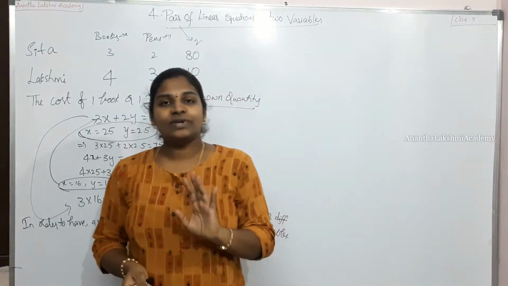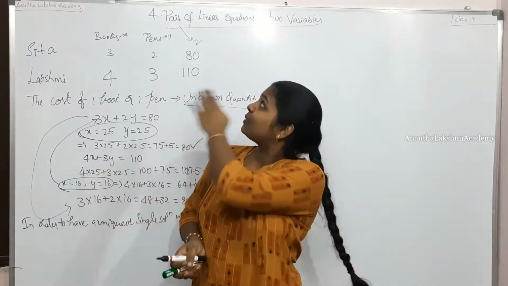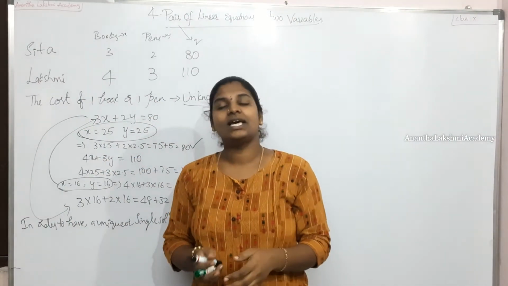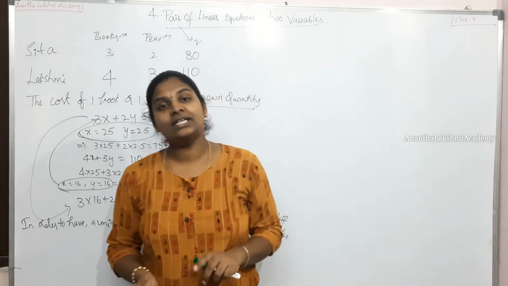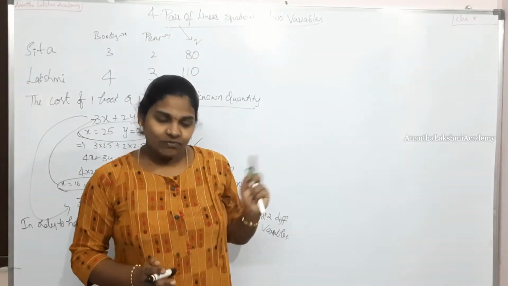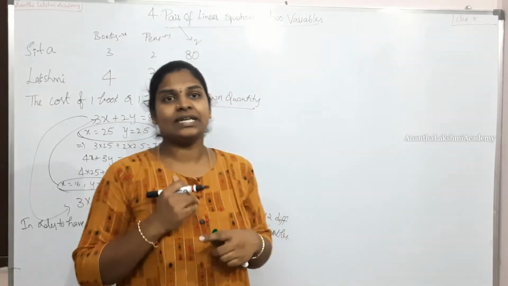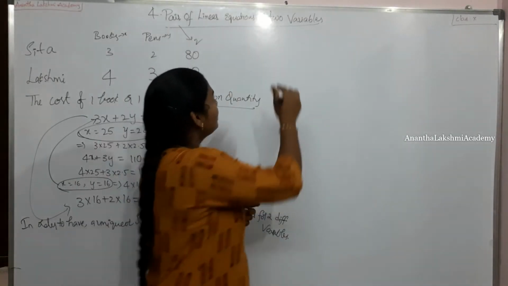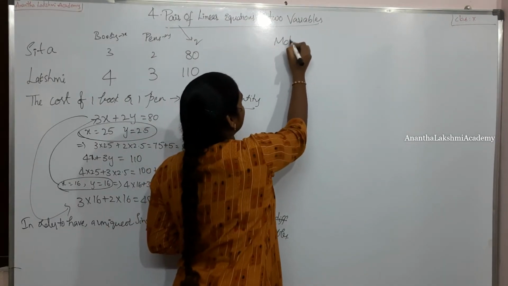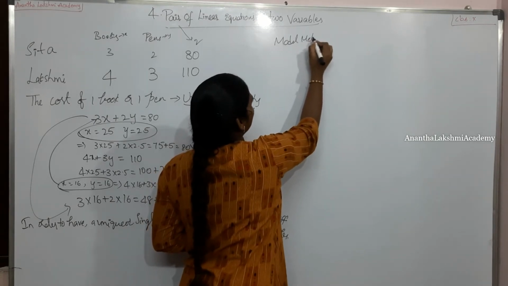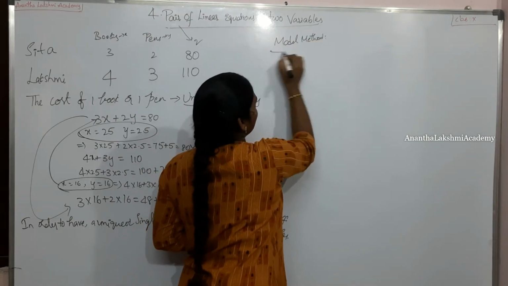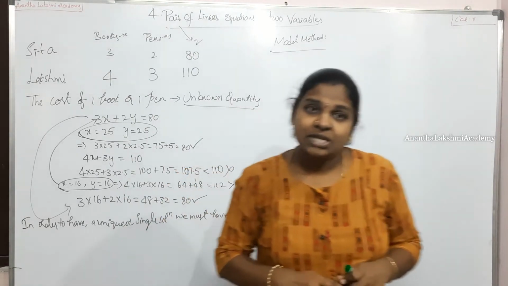So now that we understood the introduction of what is a pair of linear equations in 2 variables, how do we identify the unique solution? For this, the first method given in our textbook is the model method. What do we use in the model method?